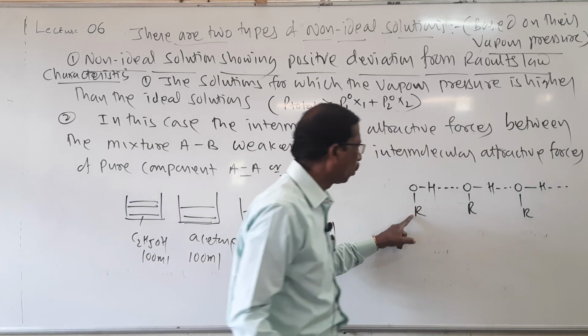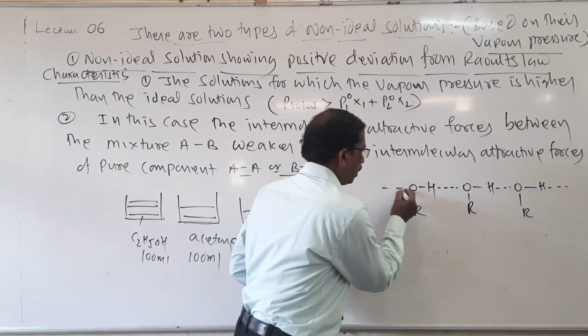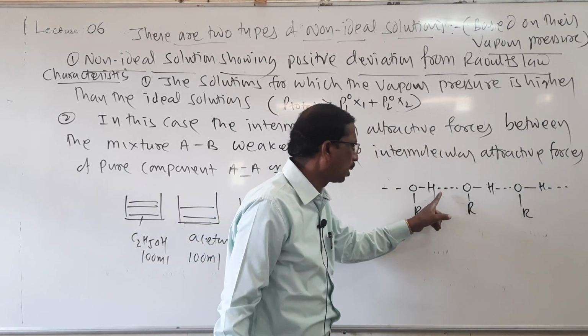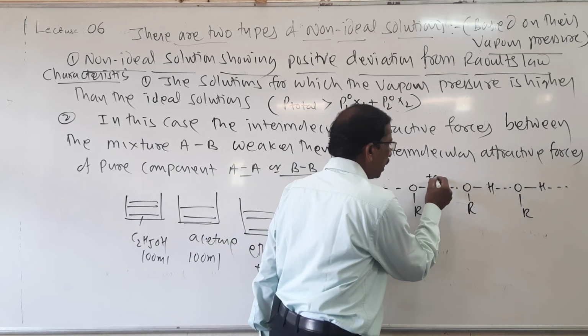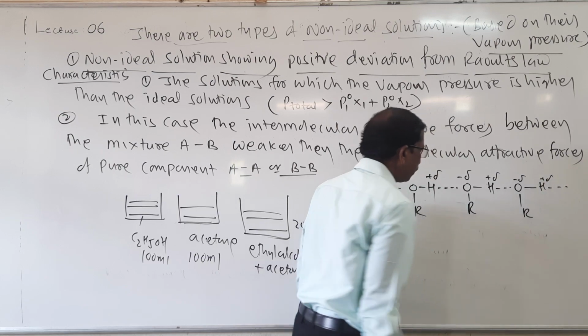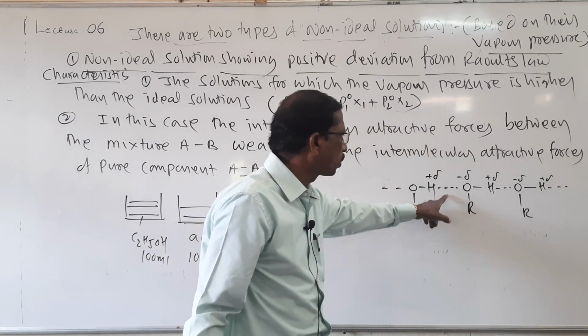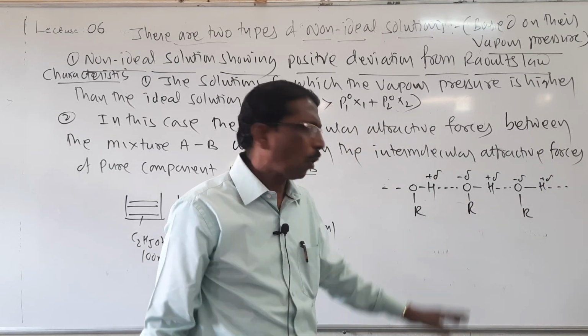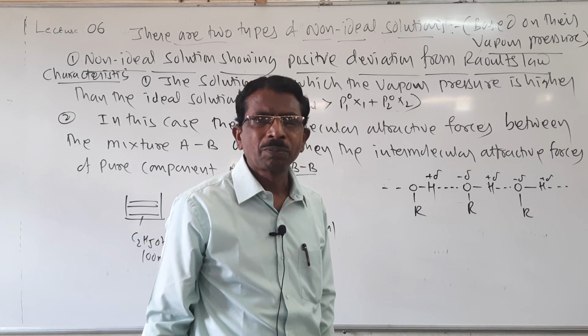Alcohol is represented by ROH. So there is a strong hydrogen bond between this hydrogen and oxygen. ROH, ROH, ROH, so strong hydrogen bond. And the vapor pressure of ethyl alcohol is less.